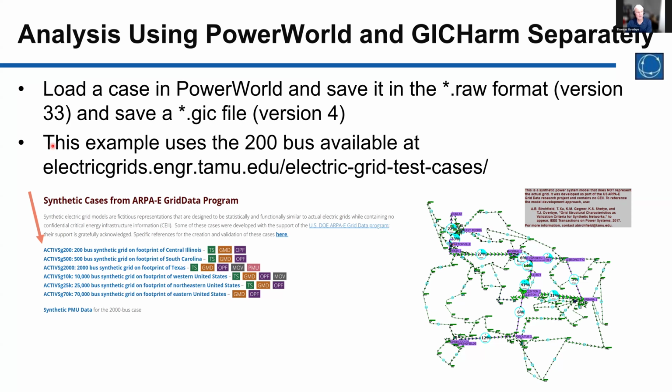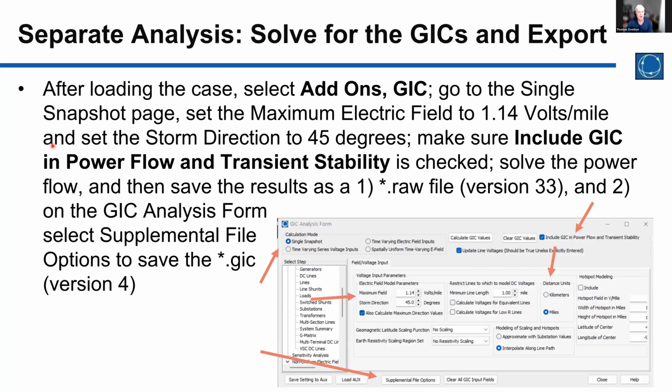Then I save a GIC file using the version 4 format. GIC files now have a version 5 format that PowerWorld supports, but use version 4 if you're importing it into GICHarm. Okay, so after loading the case, this is just walking through how to do the analysis in PowerWorld.